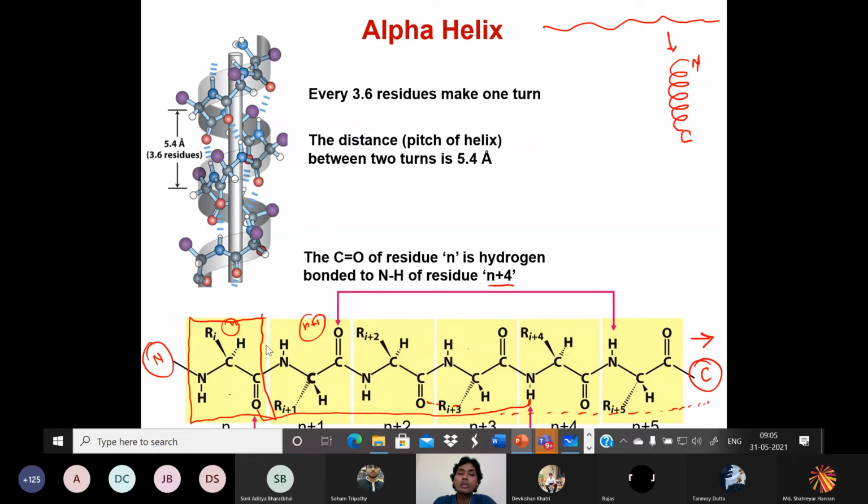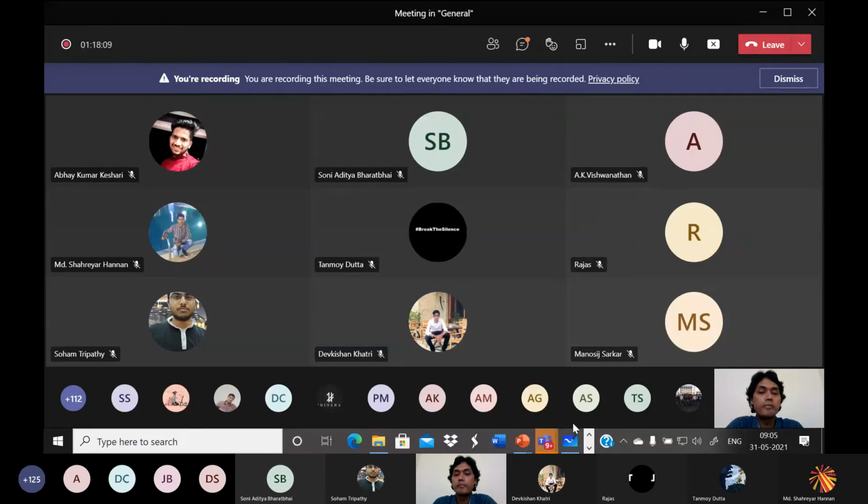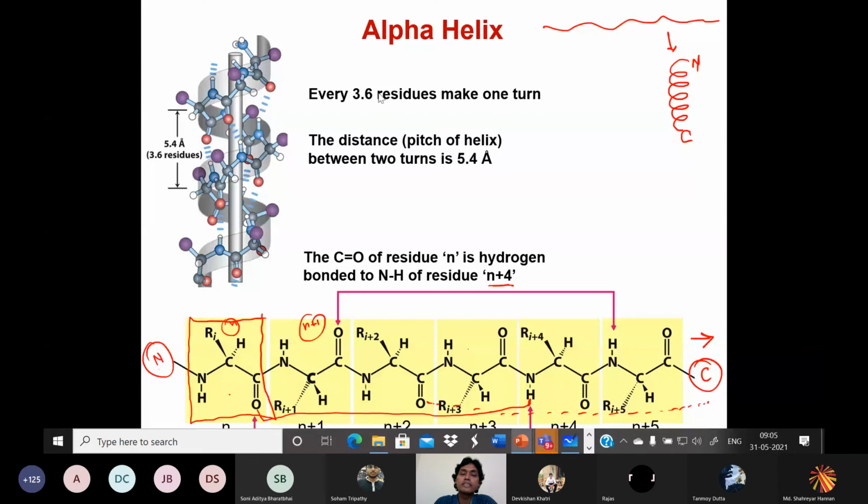As a result, if you consider a central carbon, what will be the angular distance between two alpha carbon atoms? Sir, 100 degrees. Yes, 100 degrees, because 3.6 residues make one turn. That is the angular distance to the next alpha carbon atom, and that way the alpha helix goes on.